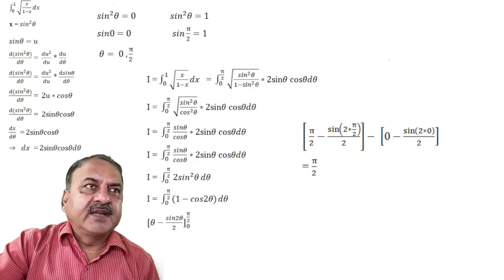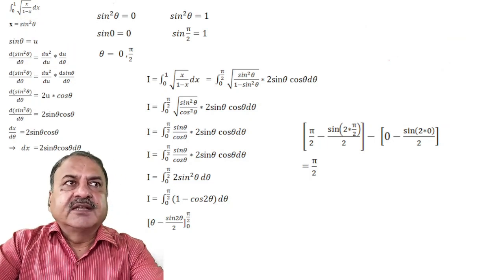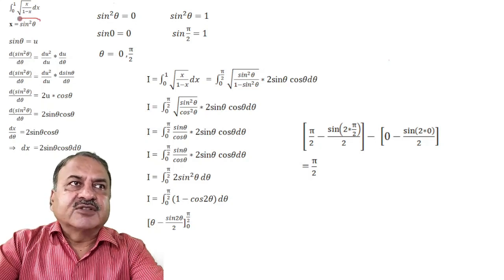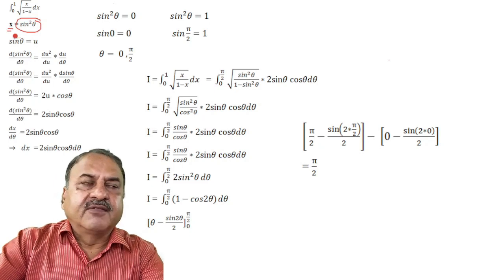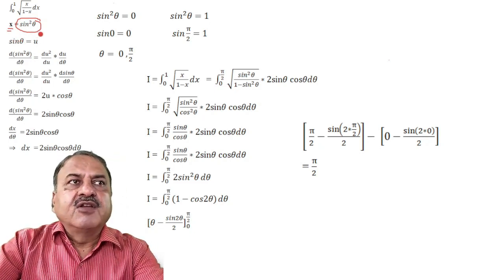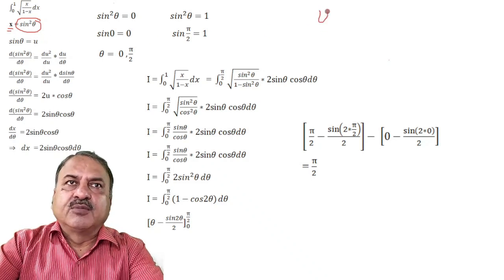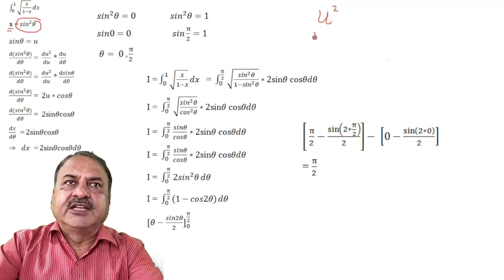Let me explain the key steps again. The most important step is the derivative of sine square theta, because we are given x equal to sine square theta. While finding the derivative, we have to use the chain rule. For sine square theta, we assumed u equal to sine theta.